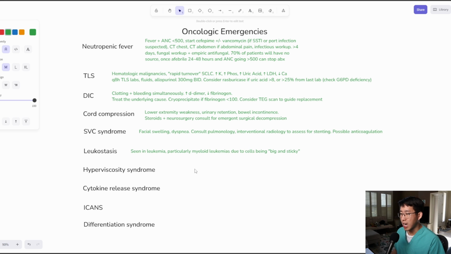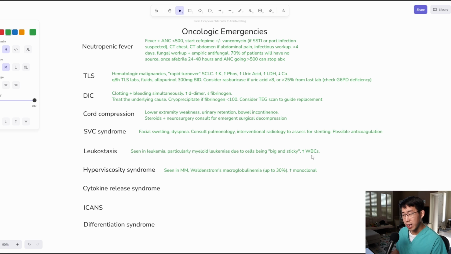In contrast, hyperviscosity syndrome is going to be seen in your patients with multiple myeloma or Waldenstrom's macroglobulinemia. It can actually be seen in up to 30% of patients with Waldenstrom's macroglobulinemia. And the etiology in this case is going to be from increased monoclonal proteins, whereas the leukostasis that we see is due to increased white blood cells.